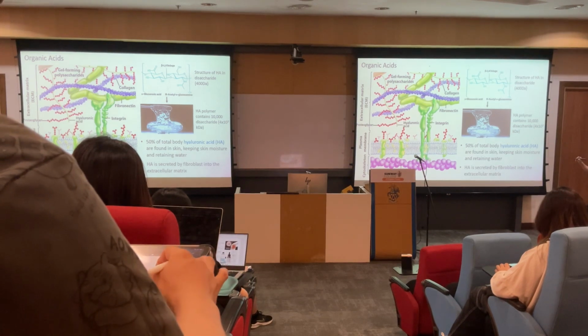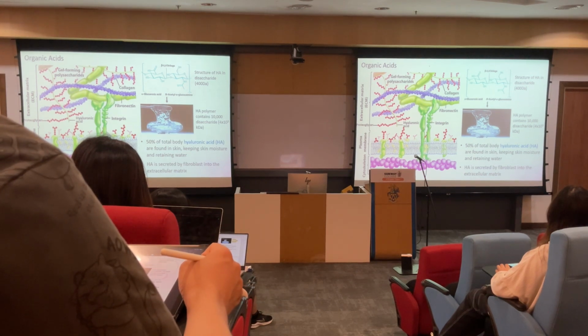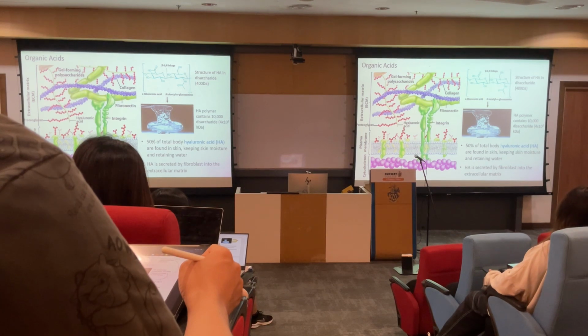And here, just to show you that we also have hyaluronic acid in our body. Mainly we find it in the eye, the joints, and also in our skin. So let's say that this is our skin.